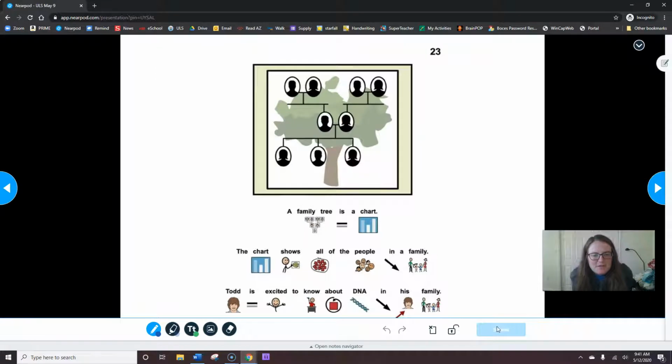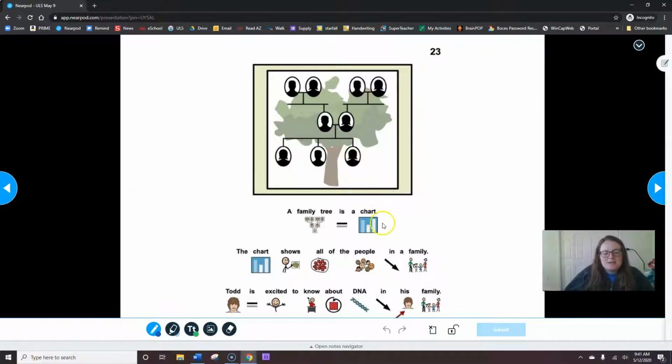Now here's a picture of a family tree. A family tree shows a dad and a mom. When they have kids, it connects and then shows you who their kid is. So this is grandparents, and then this is the mom and the dad, and together they had 3 kids, a girl, a boy, a girl.